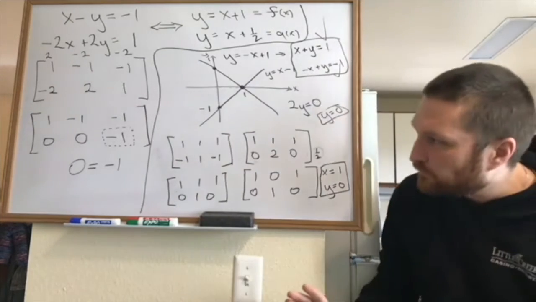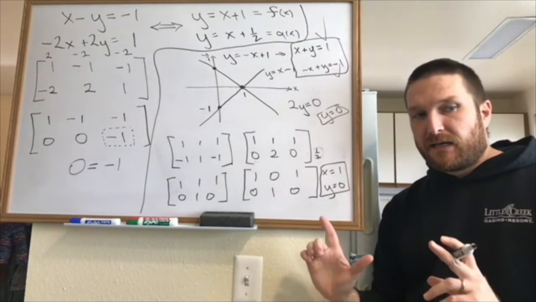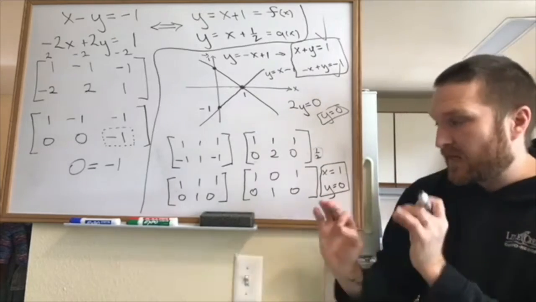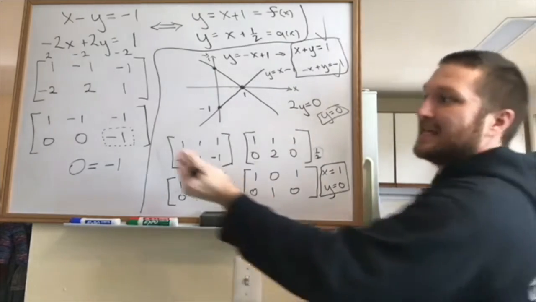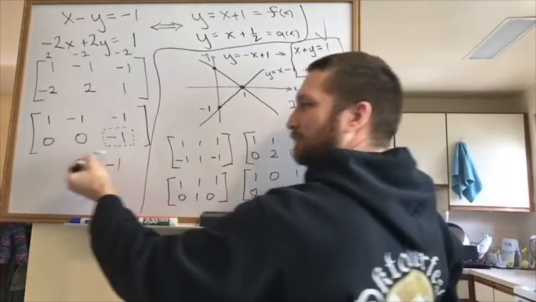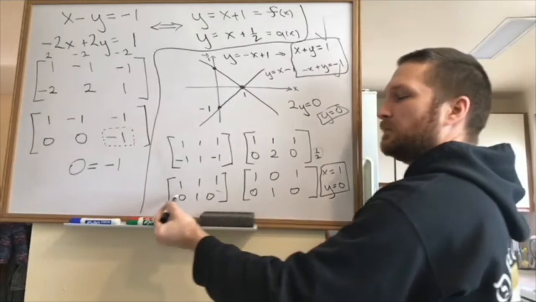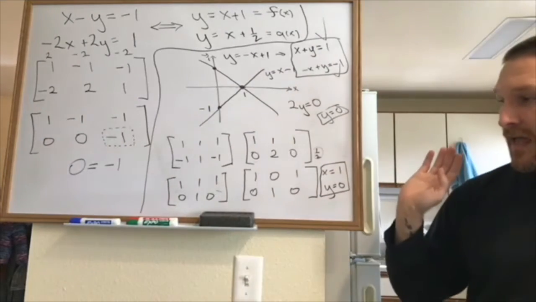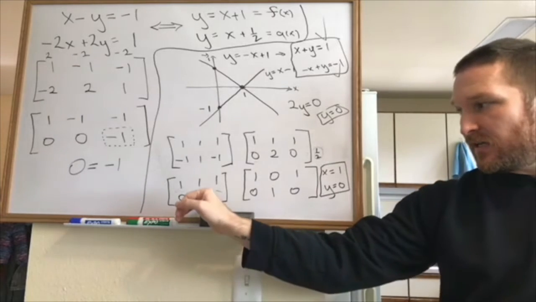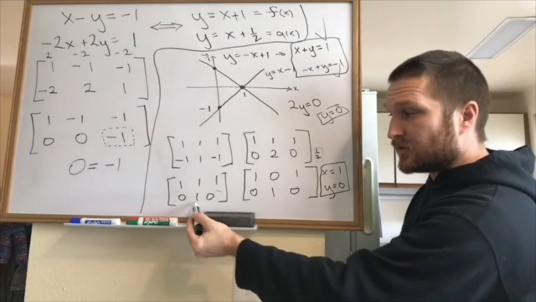So that's cool. My point here is to say this is a completely different monster than this right here. Just because you have everything zeros except for one entry, that doesn't happen to be a contradiction.